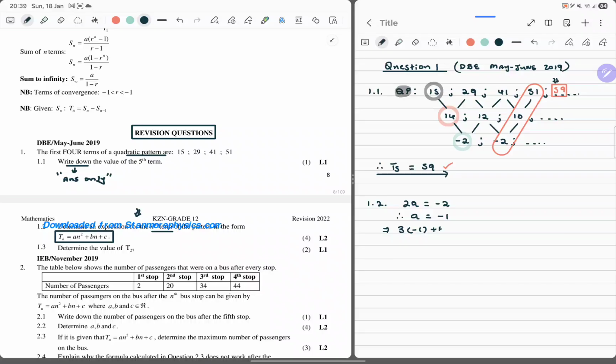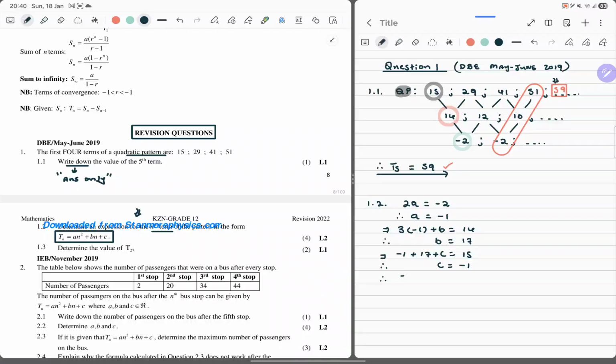A is minus 1, plus b should be equal to 14. Therefore, our b is 17. This also implies that we look at the very first term now. We know that a, which is minus 1, plus b, which is 17, plus c should give us the very first term, which is 15. Therefore, c would be, this is 16 transpose, we get minus 1.